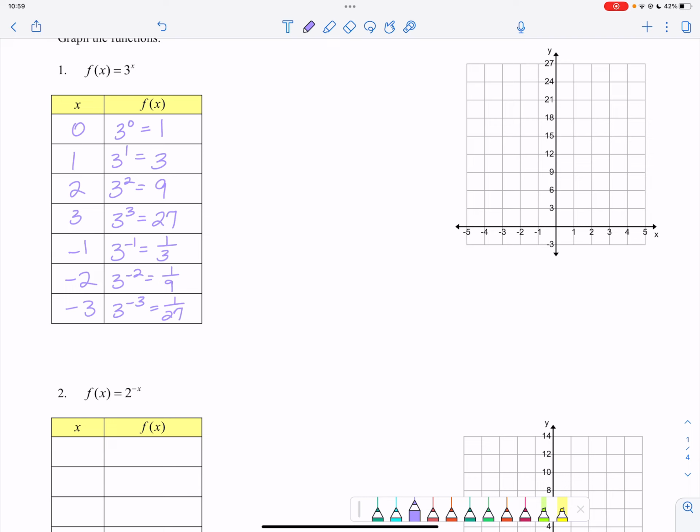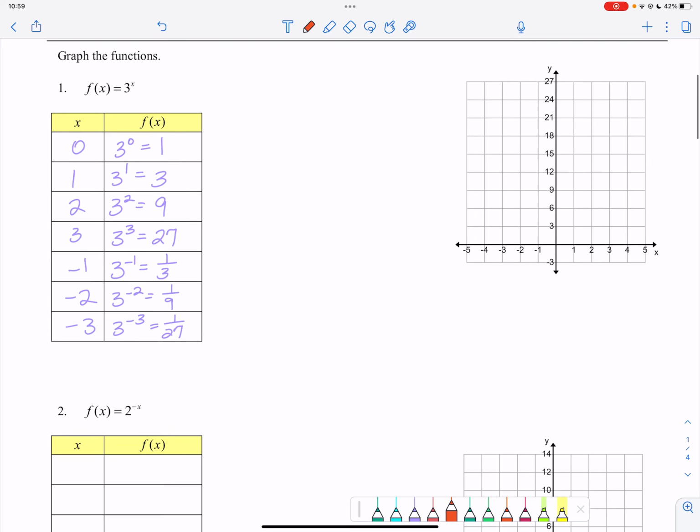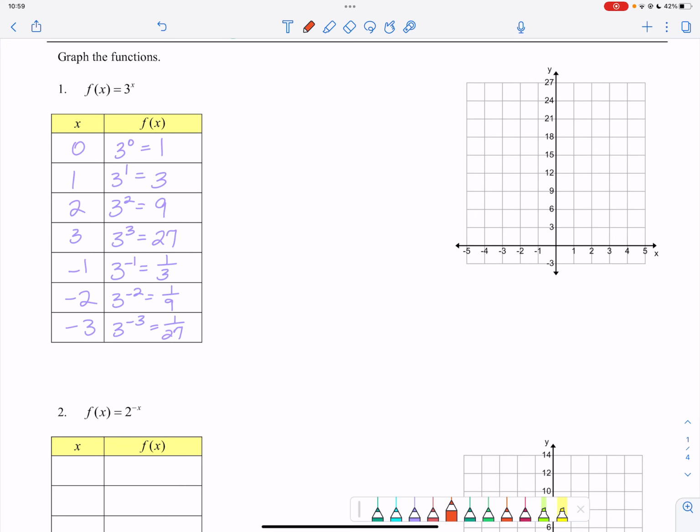So if we plot these points over here on this graph, as you can see, we have 0, 1, 1, 3, 2, 9, 3, 27, -1, 1/3.